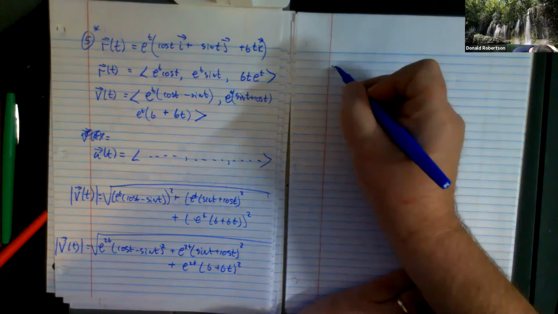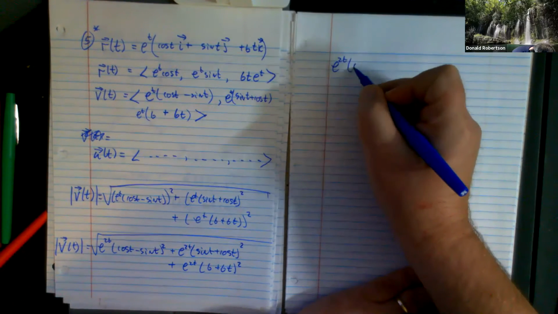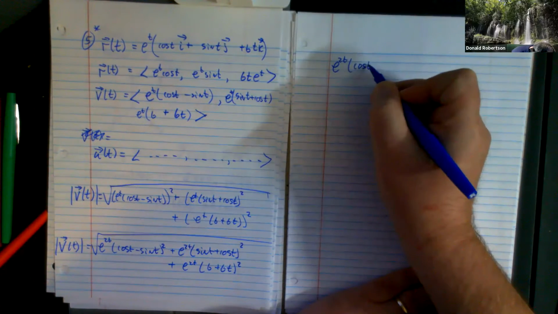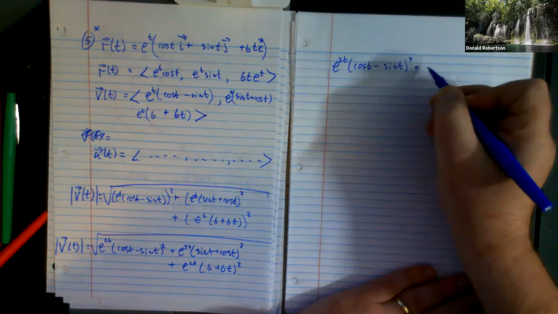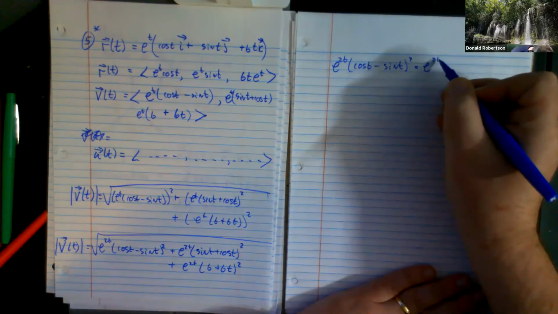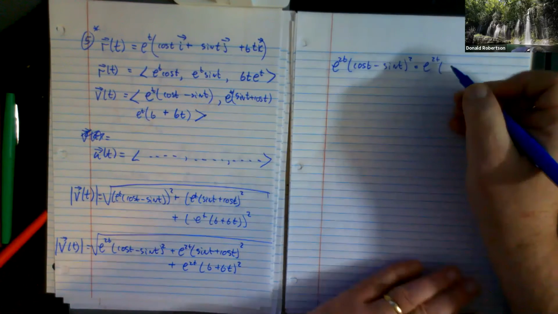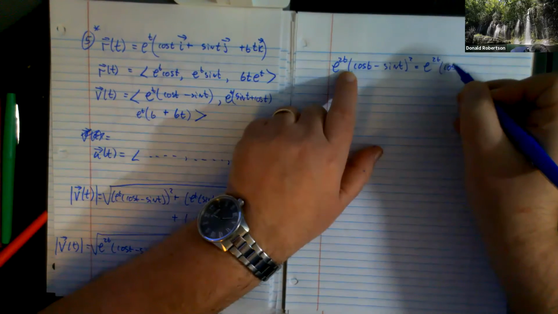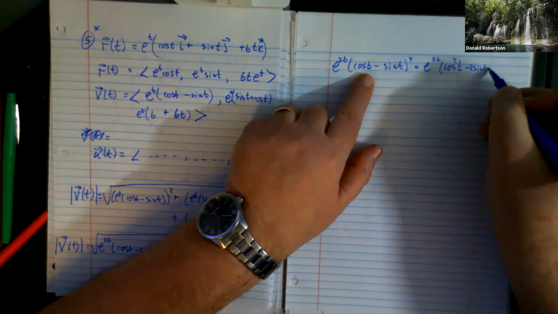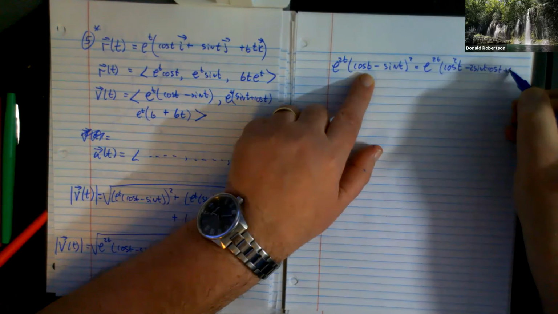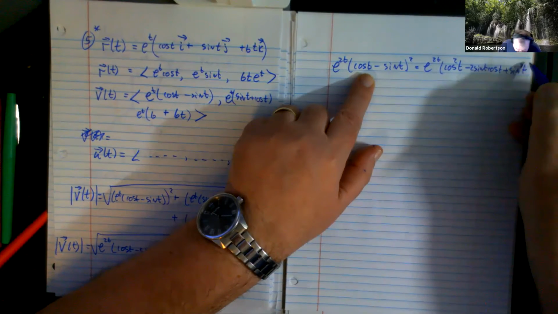The first piece looks like this. And what does that get me? If you FOIL this out, you're going to get a cos squared t, a minus 2 sine t cosine t, and you're going to get a plus sine squared t.